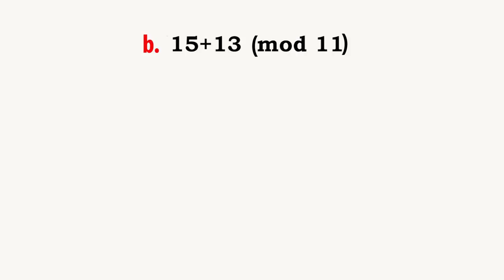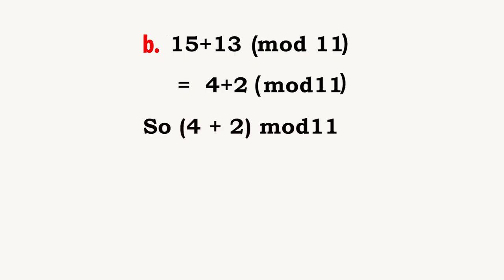Let's look at the second example. We have 15 plus 13 mod 11. So we change 15 to a smaller number, and change 13 to a smaller number. We get 4 plus 2 mod 11.